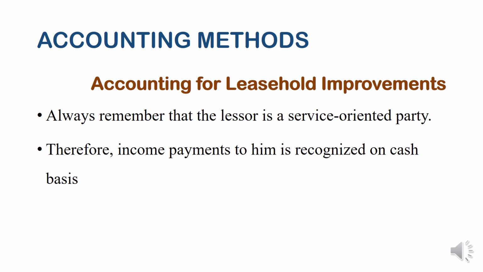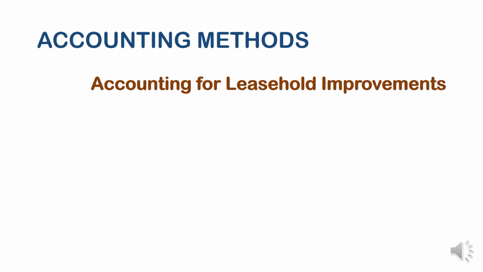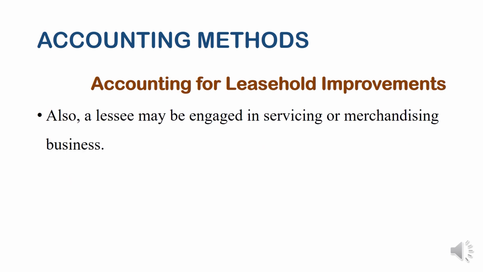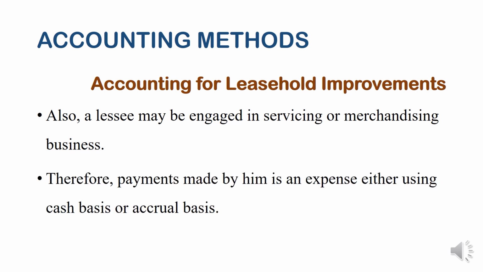Therefore, income payments to him are recognized on a cash basis. Also, a lessee may be engaged in a servicing or merchandising business. Therefore, payments made by the lessee are an expense, either on cash basis or accrual basis.